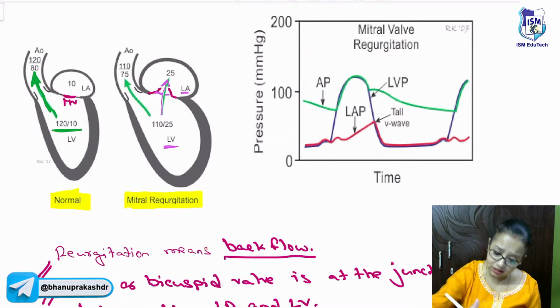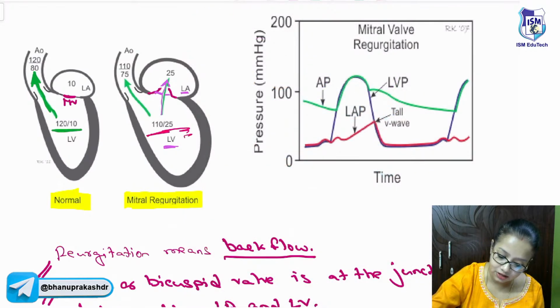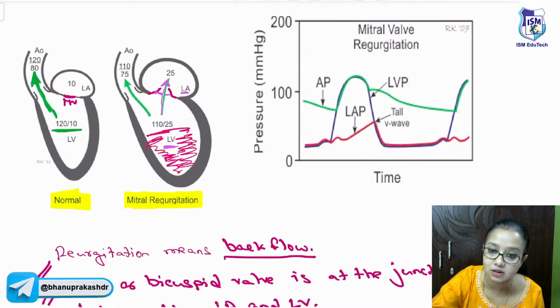So even after proper filling of the left ventricle by the blood, there will be a certain volume of blood that is going back to the left atrium. As a result of what?